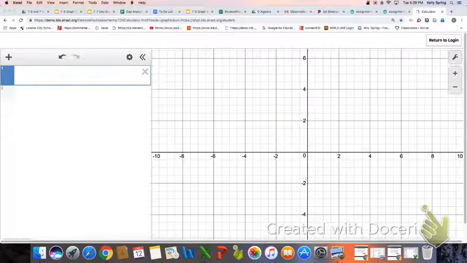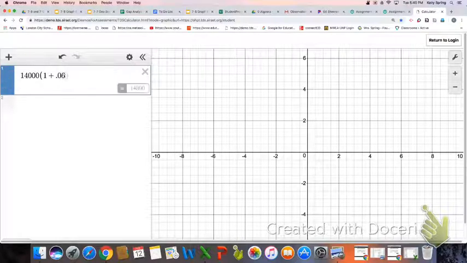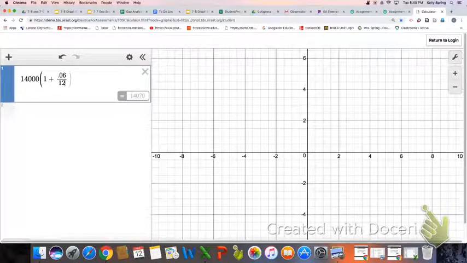All right, so here I'm going to enter this in. So I'm just going to put 14,000 parentheses and then 1 plus 0.06 divided, I'm going to put this backslash 12. Then I'm going to click next to it and put parentheses.